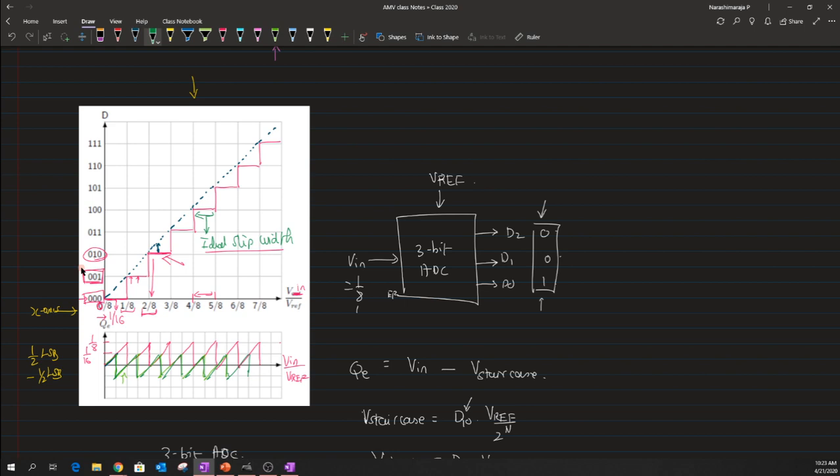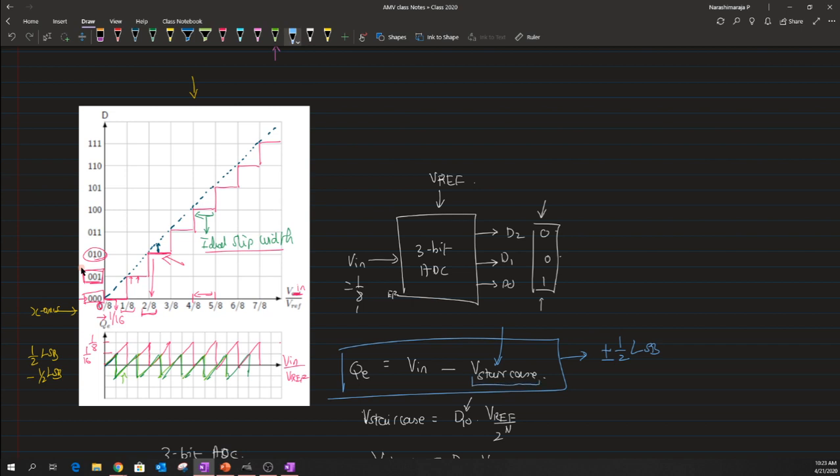Now in order to get this, we have to somehow modify the expression of this quantization error. In short, what I'm trying to say is that we need to shift the staircase, so that the quantization error is shifted within the range of minus or plus half LSB. Within this range, it is only this staircase that has to be shifted.